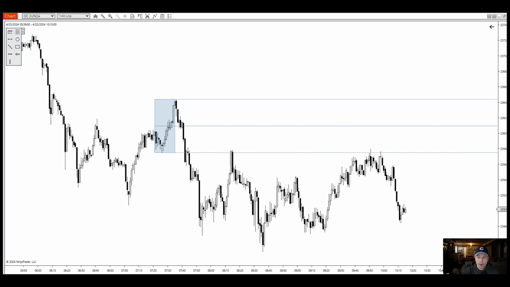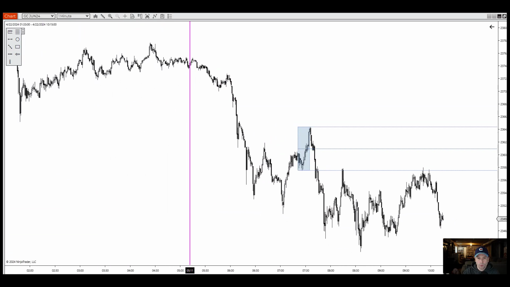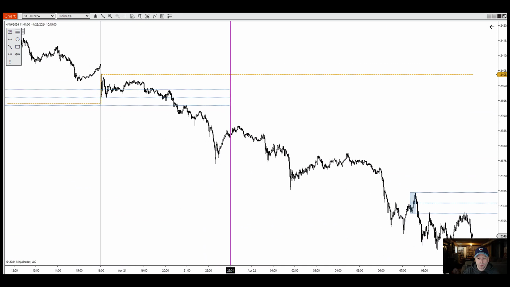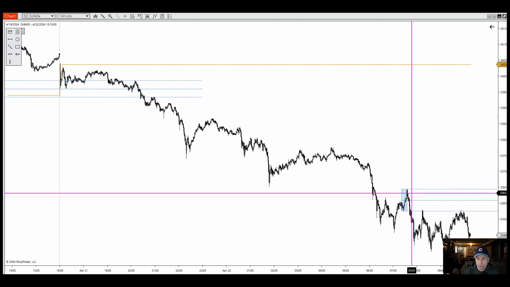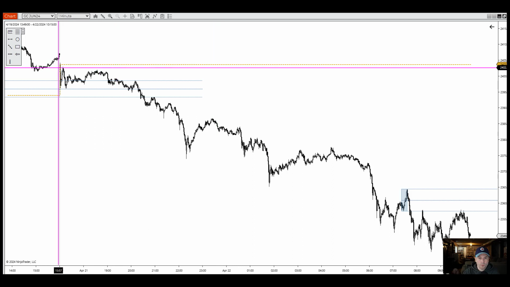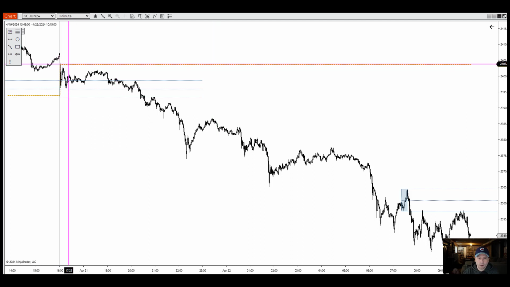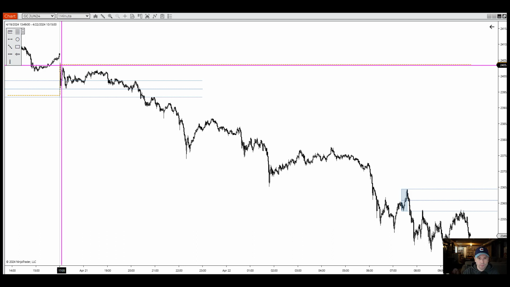The chart we're looking at right here is today, the 22nd of April, 2024. If you look at price today, we're on a big downward trend. You'll notice the only thing I have on my chart is this opening range box. I also have the overnight open, which is the price that it opened at, at 5 o'clock Central time, 6 o'clock Eastern time.